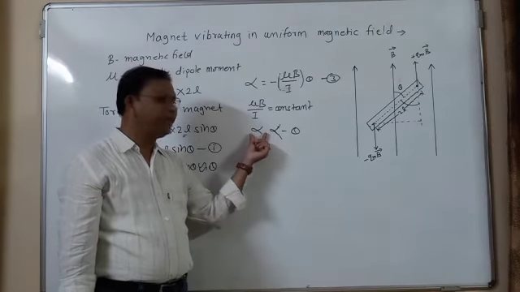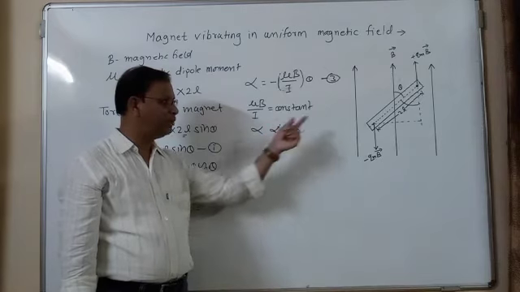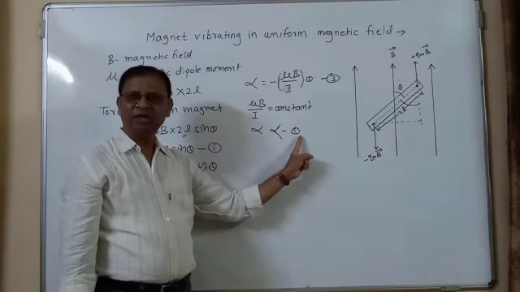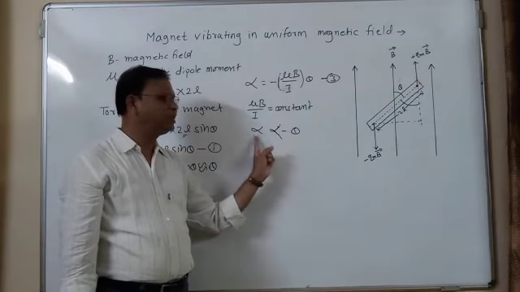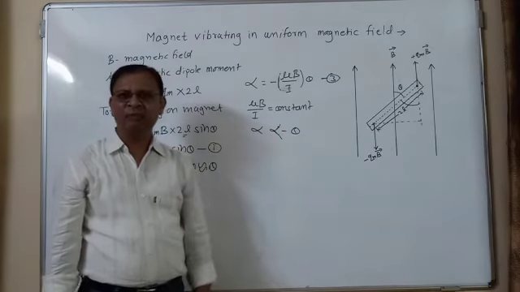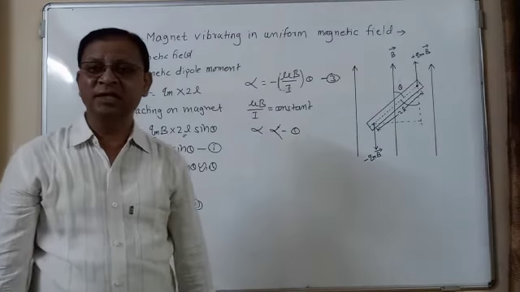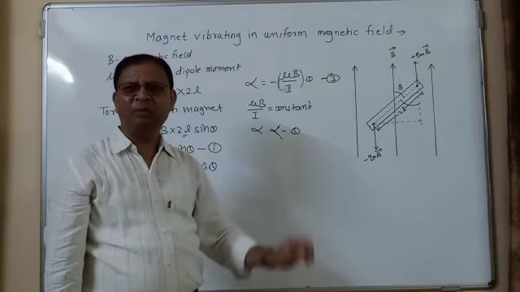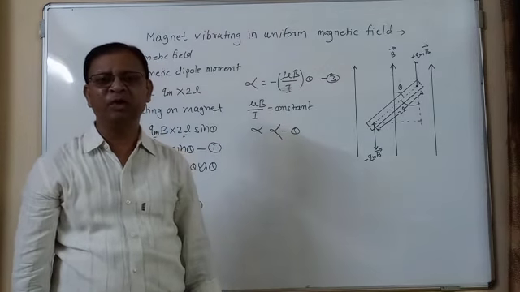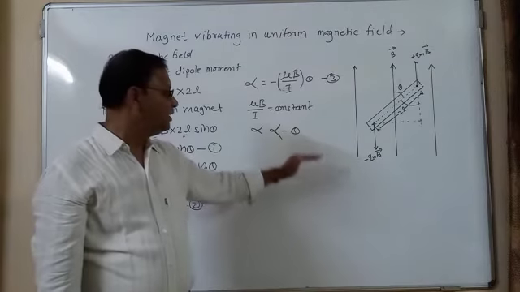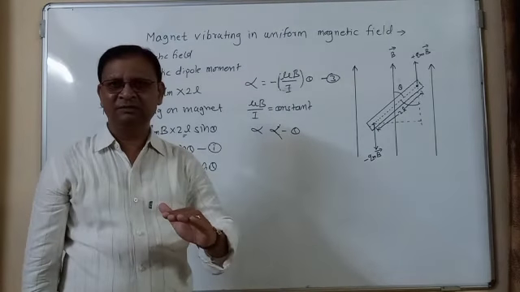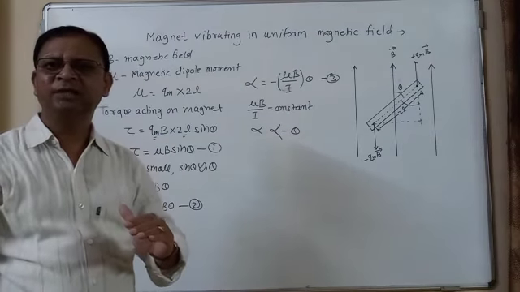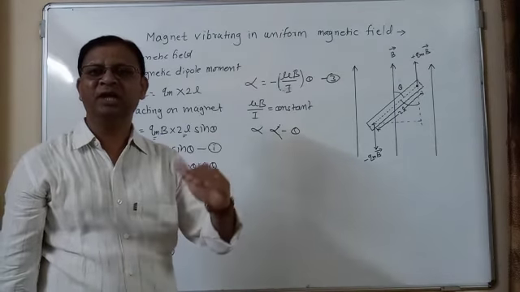So as the angular acceleration of a bar magnet vibrating in uniform magnetic field is directly proportional to the angular displacement, and they are opposite in direction, we can say that a bar magnet vibrating in uniform magnetic field performs angular simple harmonic motion. So this is the answer for the question: show that a bar magnet vibrating in uniform magnetic field performs the angular simple harmonic motion.